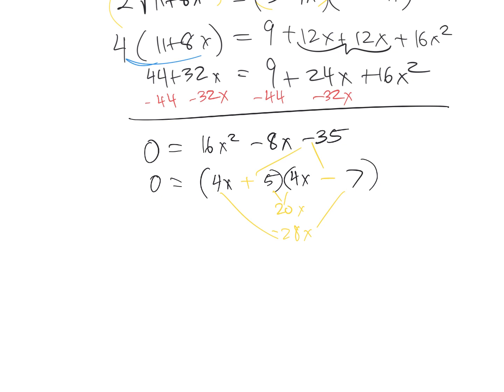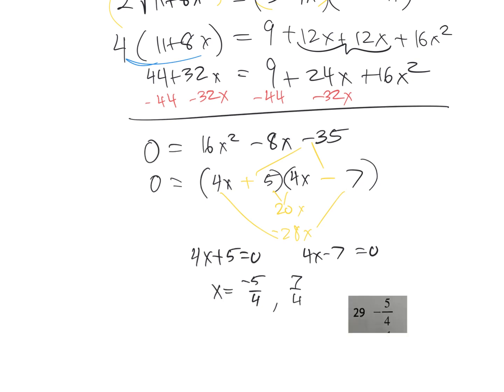And that's the factored form. So 4x plus 5 equals 0, and 4x minus 7 equals 0. So x equals negative 5/4 or 7/4. And again, just one possible answer. We don't need to worry about it yet.